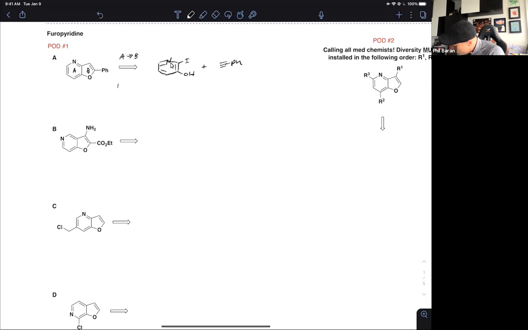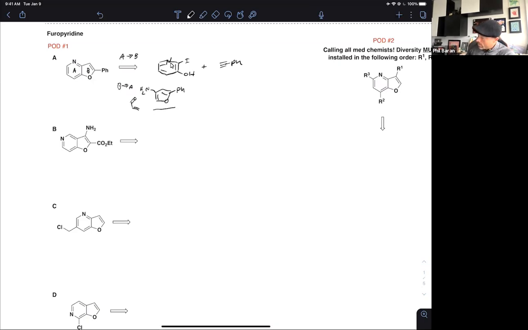If we were to do the B annulate on A, gee, that would be a kind of weird thing you want to do there, because you need something like this, and then you need to somehow append onto there something like that. It could work. The only problem is we learned that these types of aminofurans are not very stable without an electron withdrawing group.